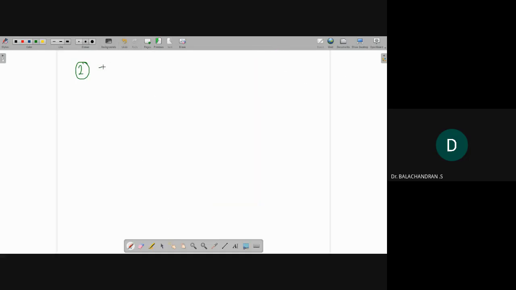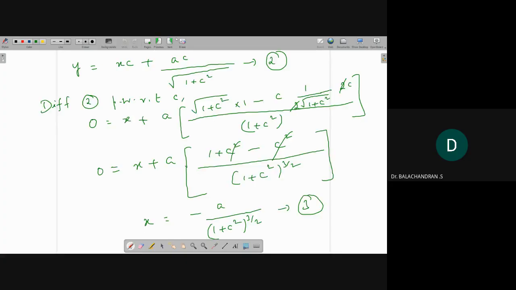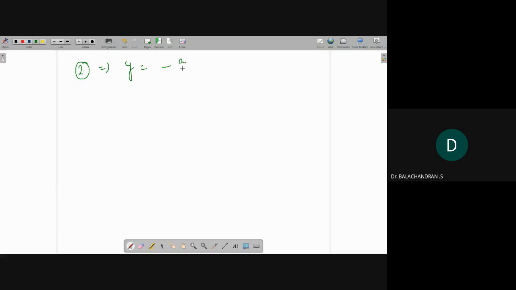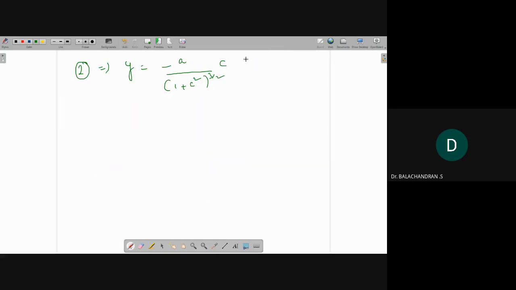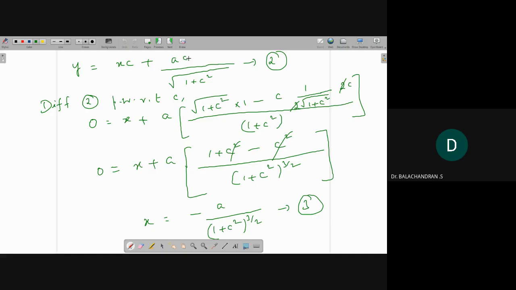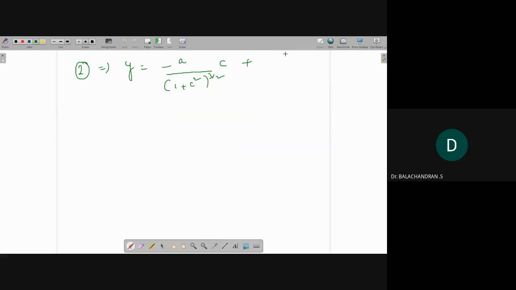So 2 implies y equal to x, which is minus a divided by (1 plus c square) whole power 3 by 2, into c, plus AC divided by root of 1 plus c square.